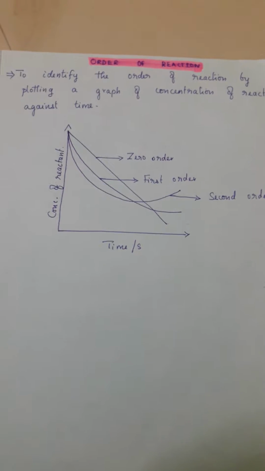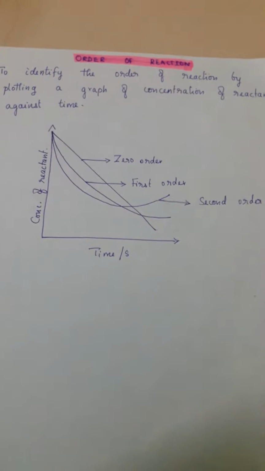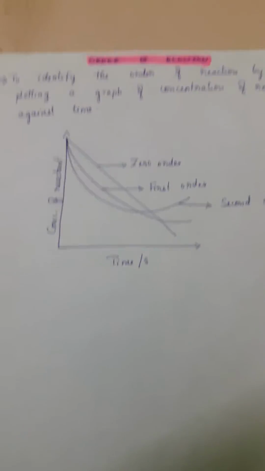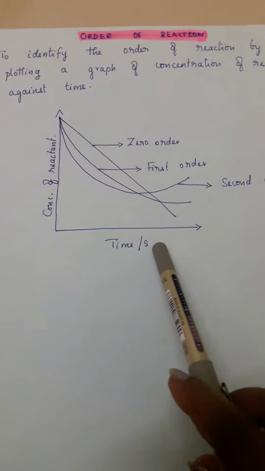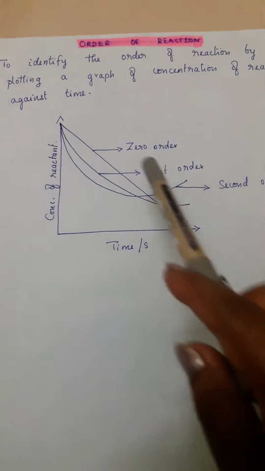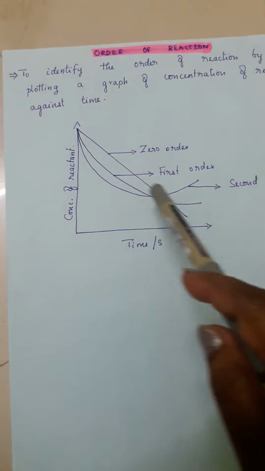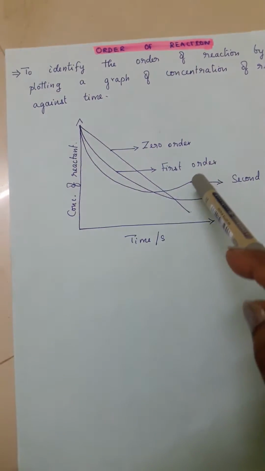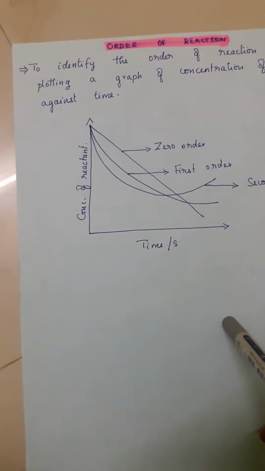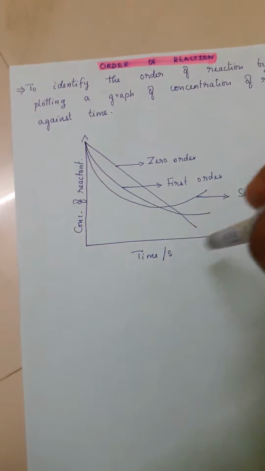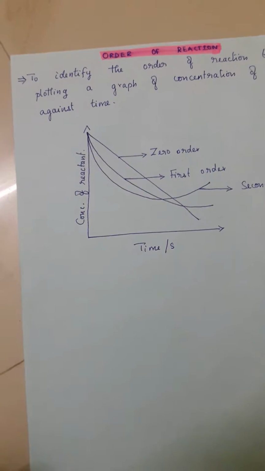The first and second order reactions are curves. You can see the first order is a curve and the second order is a deeper curve. The curve for the second order reaction is much deeper than the first order reaction.